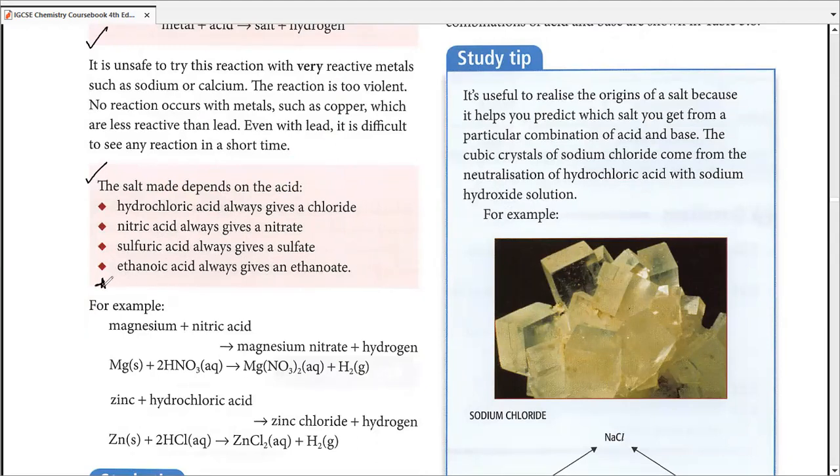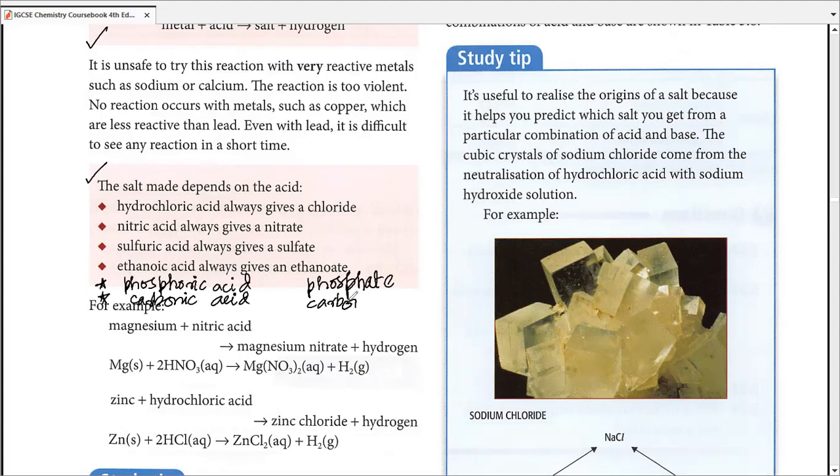In a similar way, phosphoric acid would always give a phosphate salt. I'm not going to write the whole line, just the name of the acid and the salt. In a similar way, carbonic acid would give us a carbonate salt.